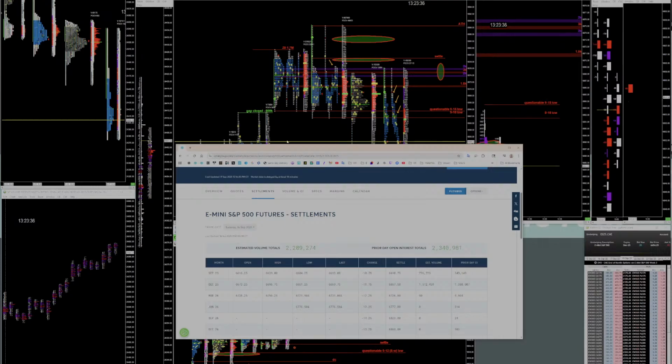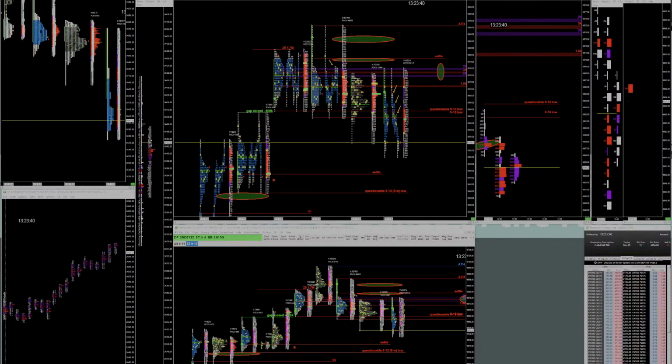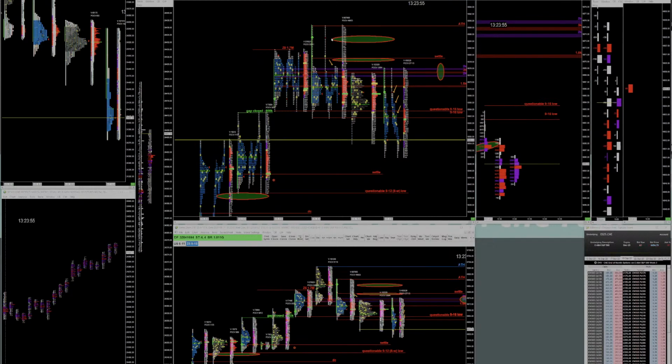I will consider some errors that can happen from my broker, or in this case from Sierra, right? If the total can be 1.2 million, Sierra can register 1.19, right?